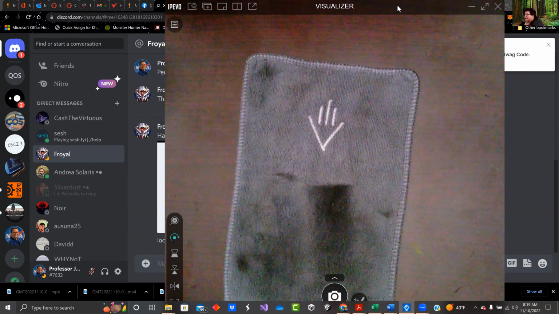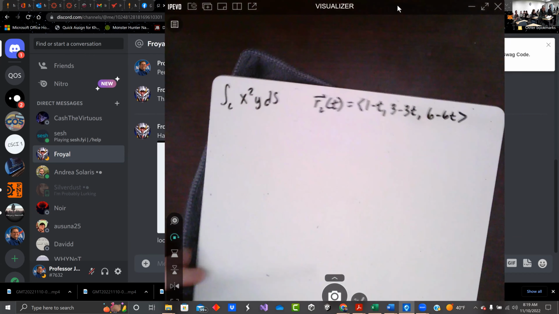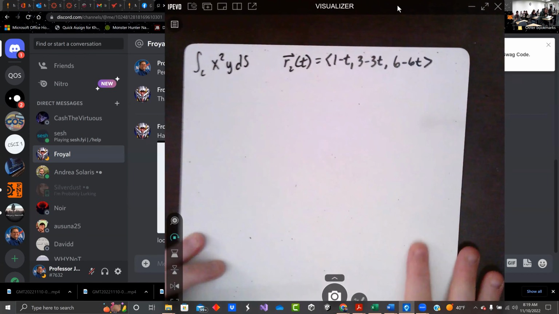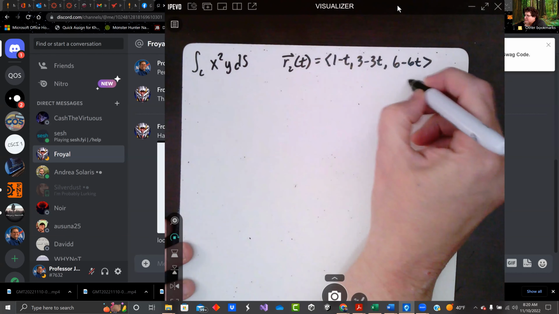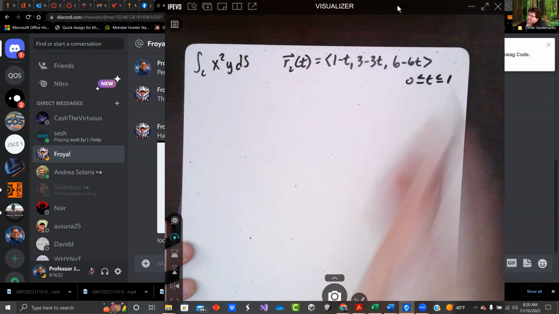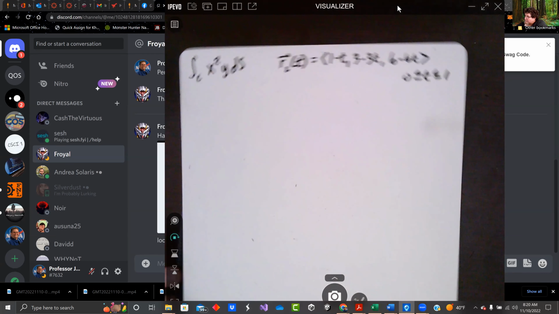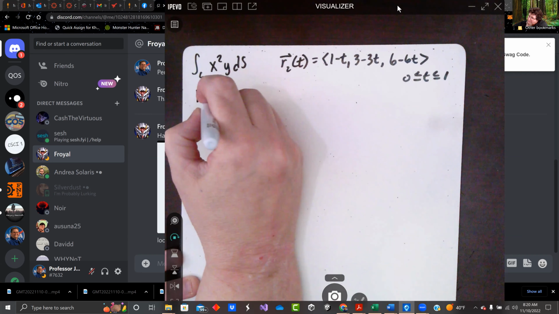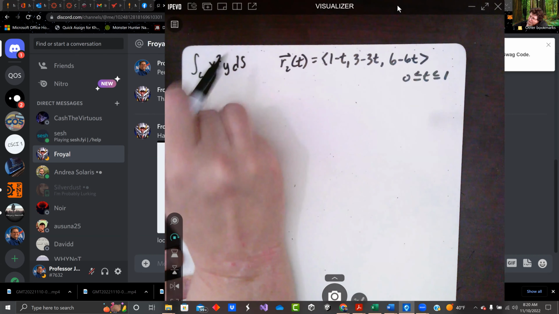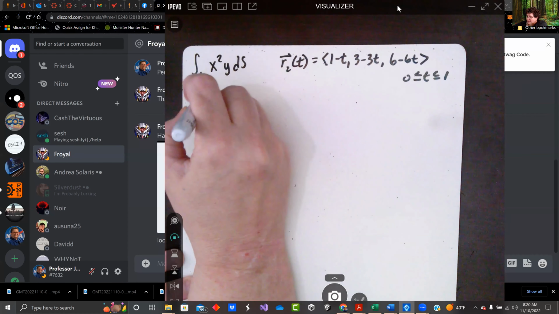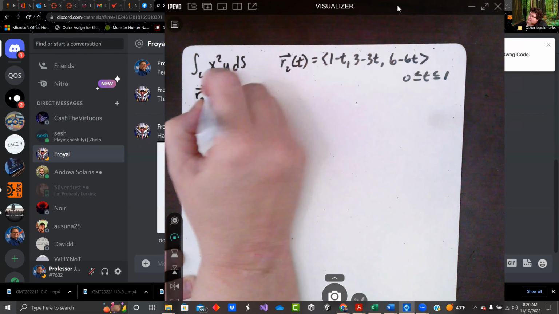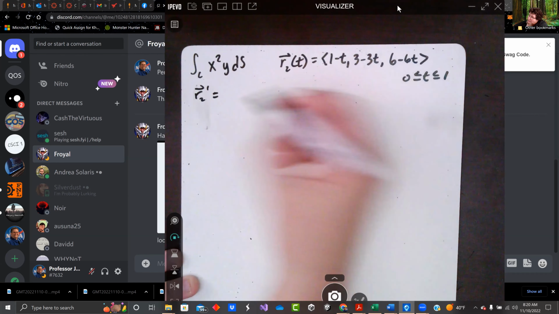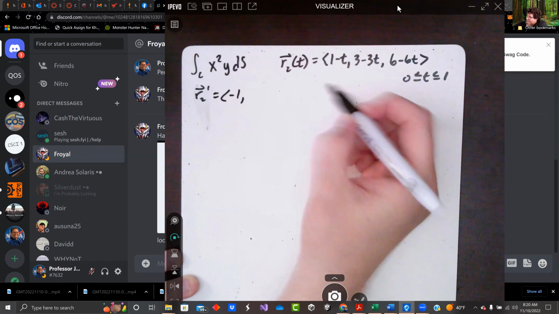All right, let's look at the other path. Again, t from 0 to 1. So I hope our r prime, I don't need the norm part there yet. Let's just find r prime. We got -1.